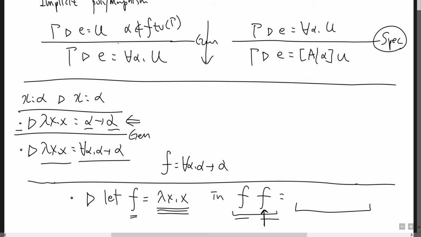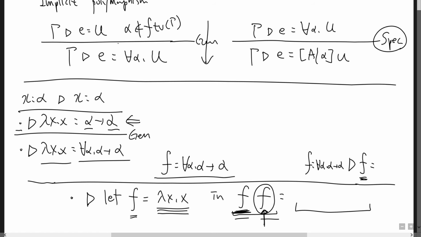Otherwise, we will not be able to find the type for the first instance of the variable f. So let's consider the second one under this typing context. What's the type of this variable f?